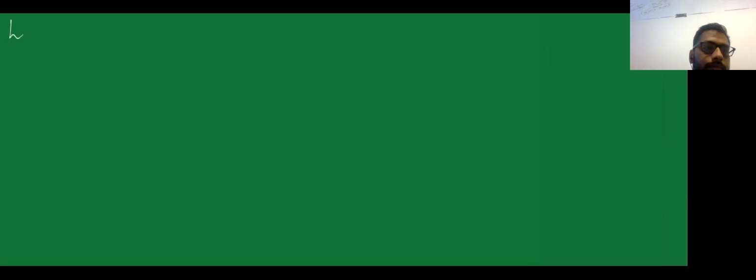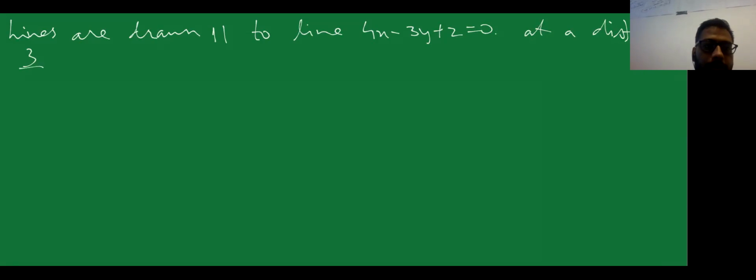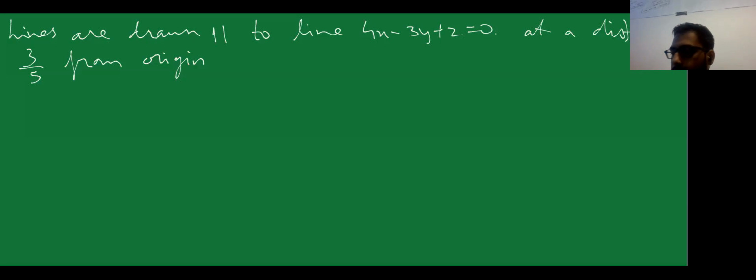Okay. Let's see the next question. Lines are drawn parallel to this line, 4x minus 3y plus 2 is equal to 0, at a particular distance of 3 by 5 from the origin.